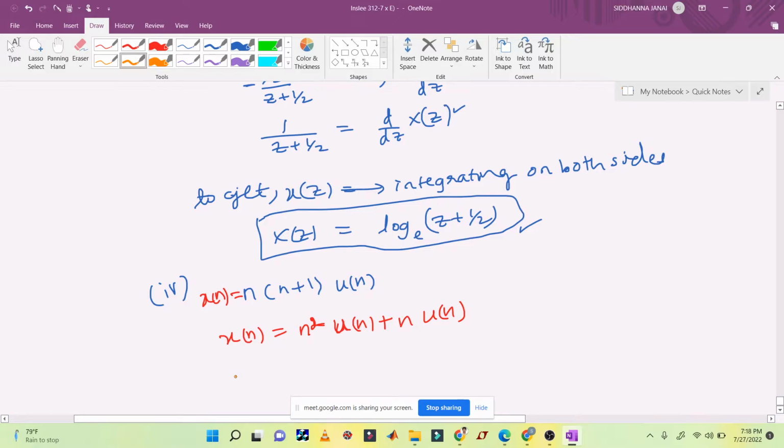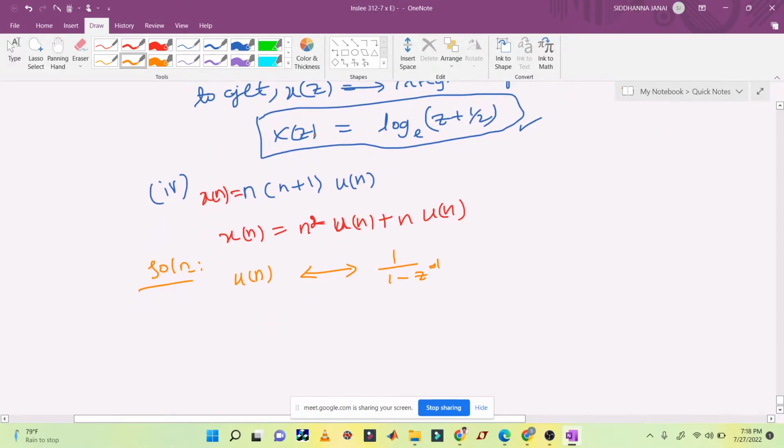So we have u of n, the solution is: u of n is there, so the z transform will be 1 divided by 1 minus z inverse. Or you can say that it is z divided by z minus 1. So this is u of n.